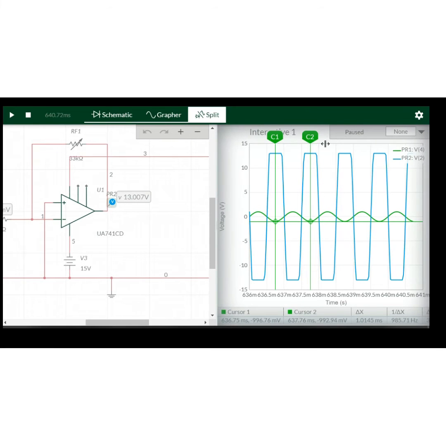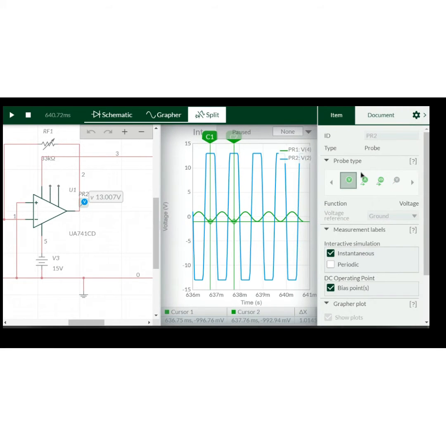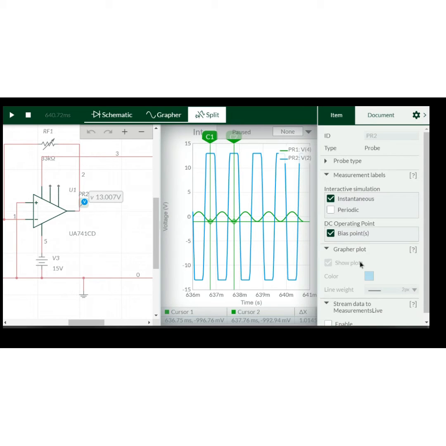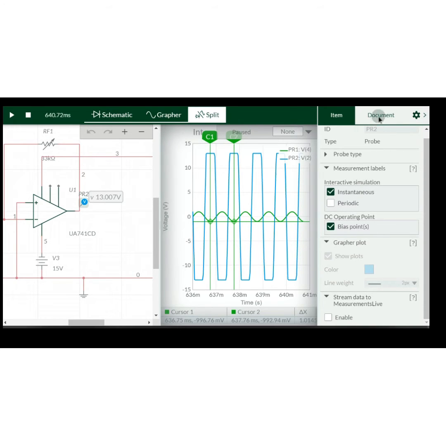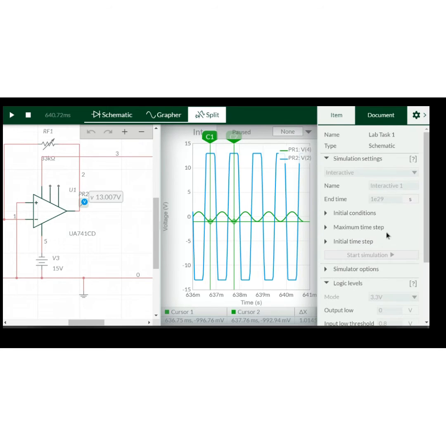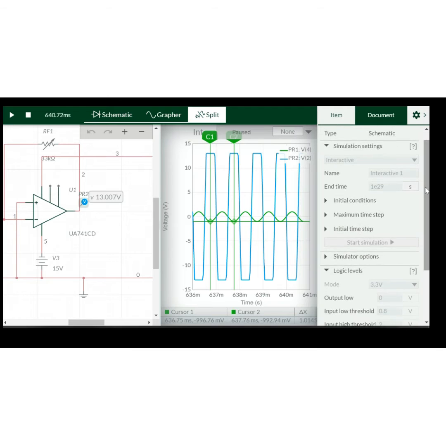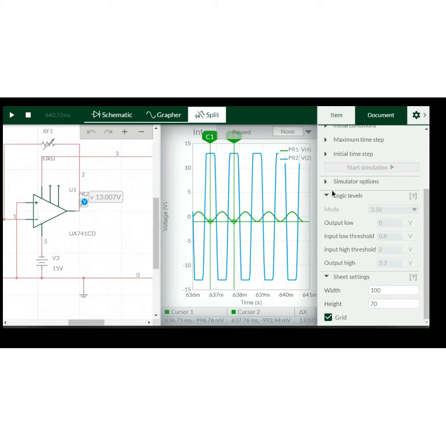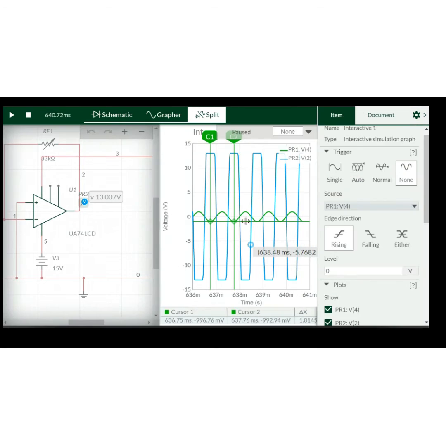So you need to click at C2 for the cursor 2. You click PR2 V2.